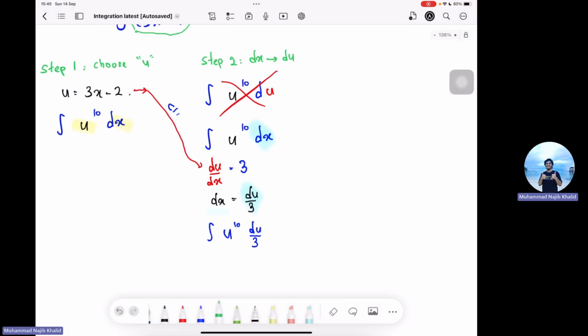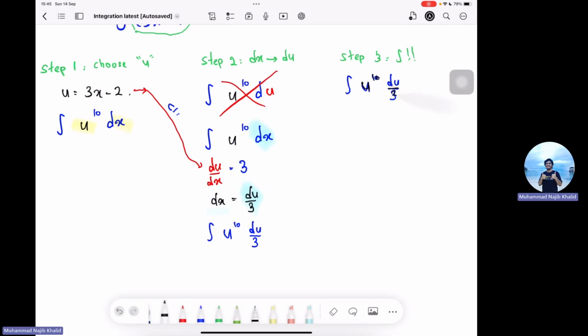Step number 3 is we will integrate this function. Step 3 is just integrating the last part of step 2. So I will take back this answer and put it in step number 3. Now we have 1 over 3, which is a constant.